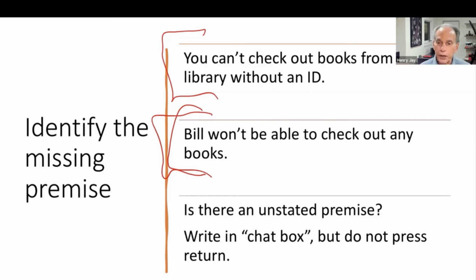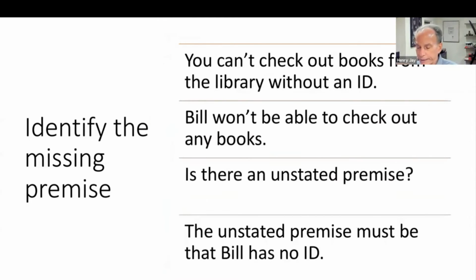Not a very strong argument. So indeed, the unstated premise is that Bill doesn't have an ID. So with that premise, now we have a strong argument because, like what somebody said, why Bill won't be able to check out is not clear. Right, exactly, because it was missing a premise.